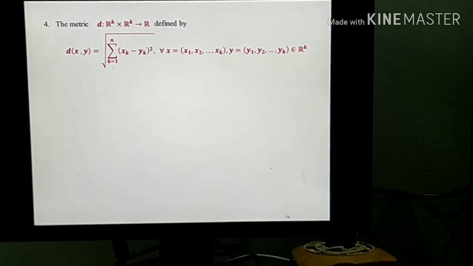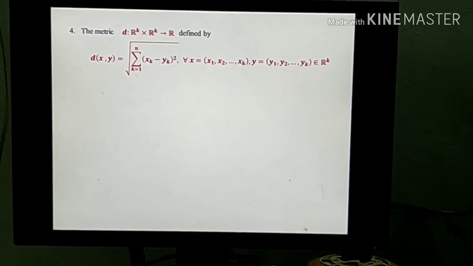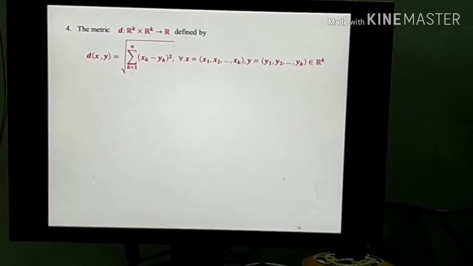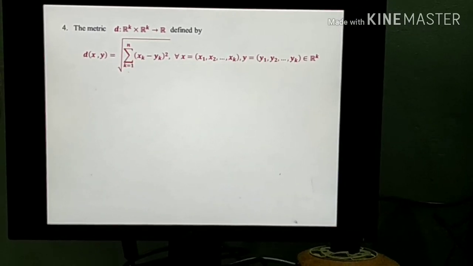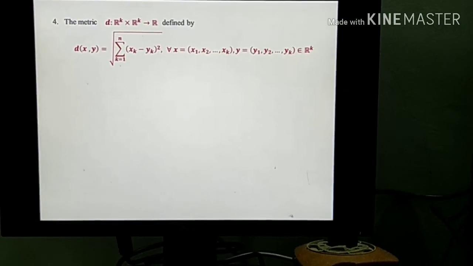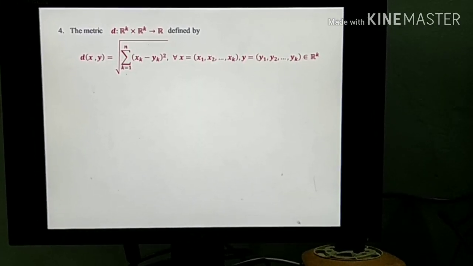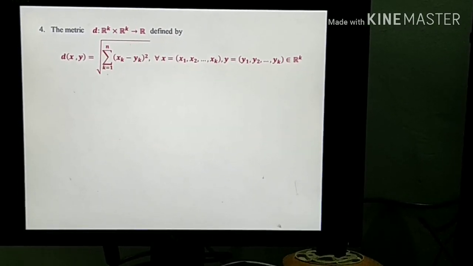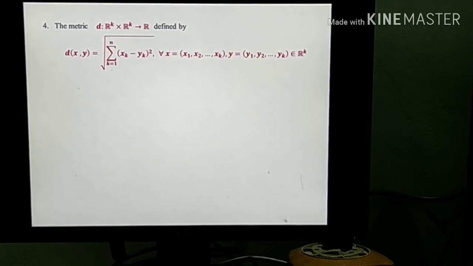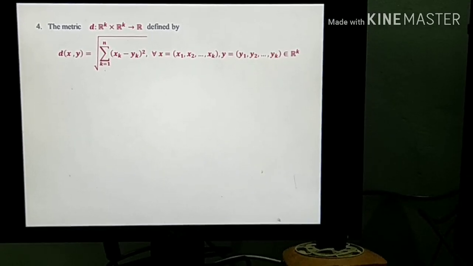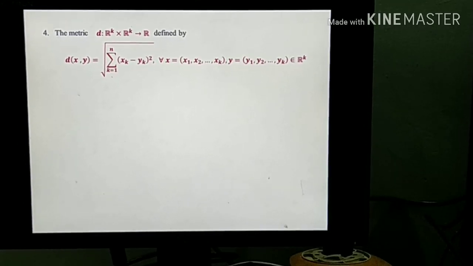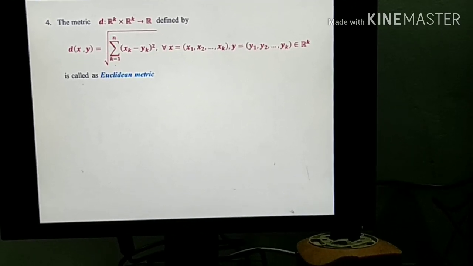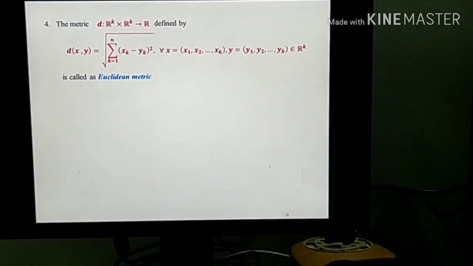Actually, we already observed this metric as a distance between two ordered pairs or between two ordered triplets in a space, and we already know that this distance is called the Euclidean distance, and hence this metric is also called the Euclidean metric on Rk.